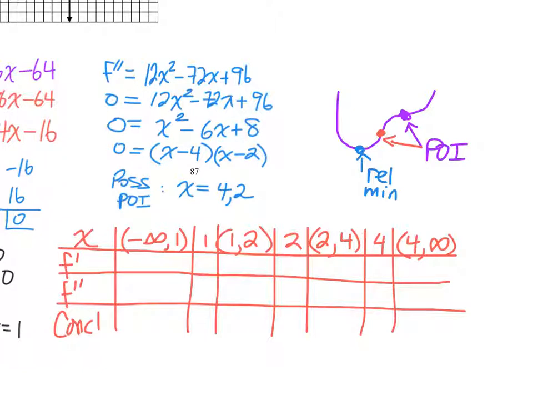And this is all assuming that you don't want to just plug in numbers and figure it out. So the smallest of them has to be the relative min. The next 2 are the points of inflection. I know it's a relative min because it's the bottom. You look at it, it's the lowest point.